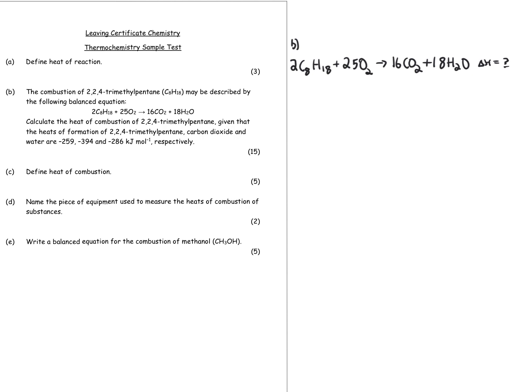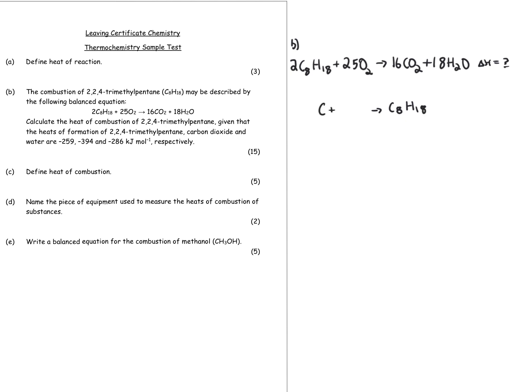Okay, now the second step we have to do is write down the equations needed. And they've given us the equations that we need here in the sense of what we're going to have to come up with. It says the heat of formation of 2,2,4-trimethylpentane, carbon dioxide and water. So we'll start with the 2,2,4-trimethylpentane. Now, 2,2,4-trimethylpentane is the one here. So it's C8H18. So that's just made of hydrogen and carbon.